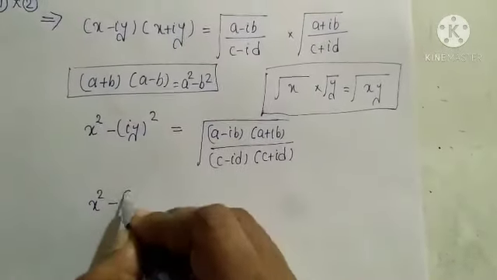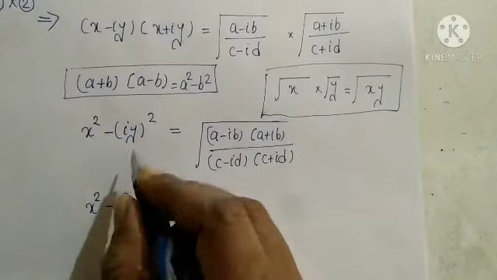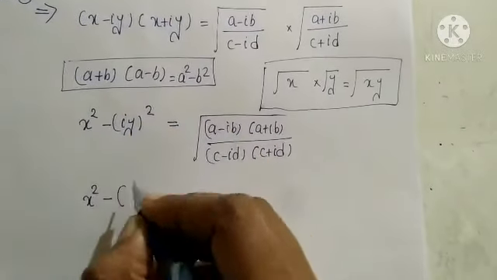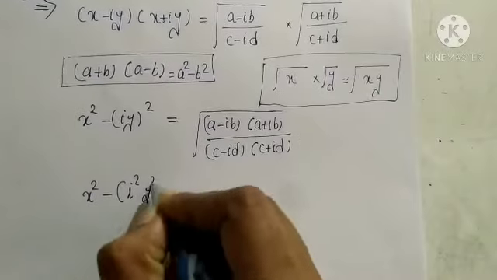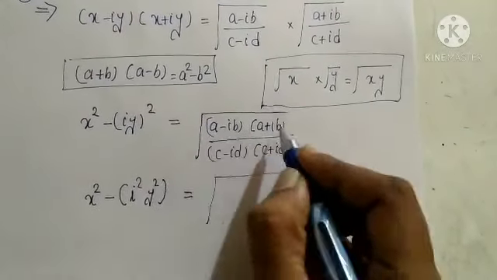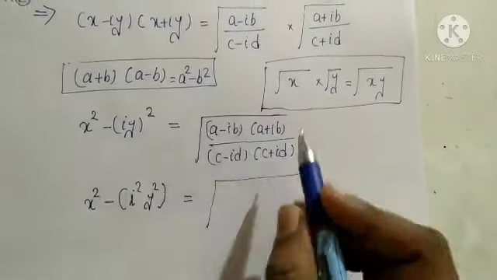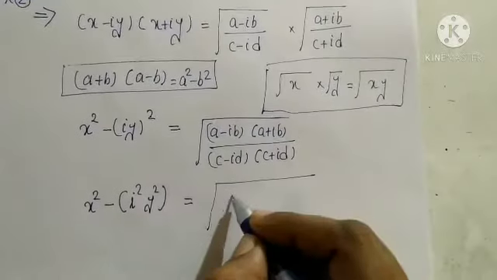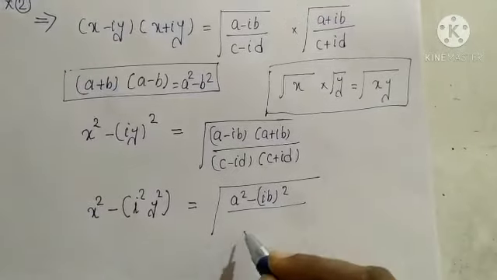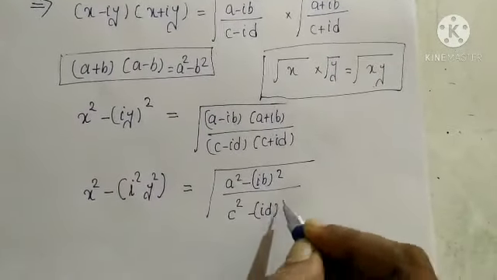Okay. And also I am writing here taking this square inside this bracket, so it will become i square into y square and is equal to root of, this is also in the form of a plus b into a minus b equal to a square minus b square form. So this can be also written as a square minus ib all square, and the denominator also it can be written as c square minus id whole square.